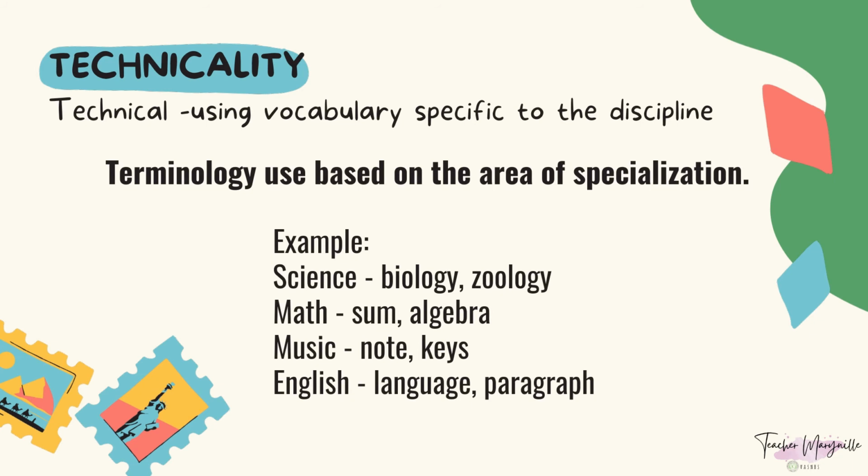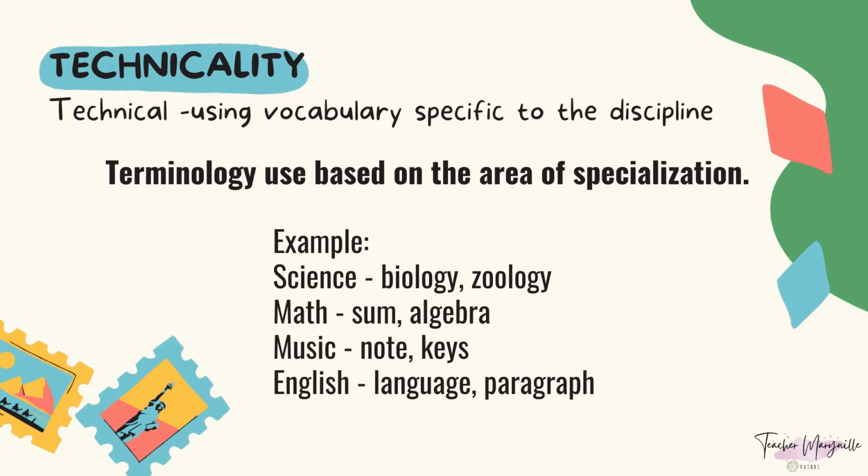Now, the third feature of language use in academic writing is technicality. Technicality means using vocabulary or terms specific to the area of discipline. This means that when writing an academic text, the terminology used should be based on the area of specialization.